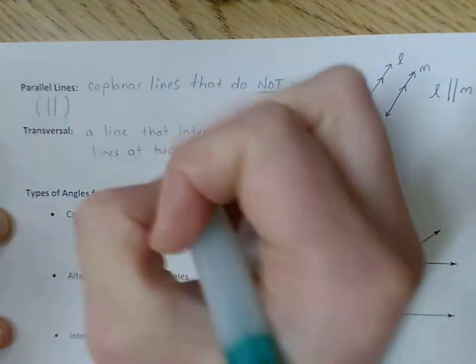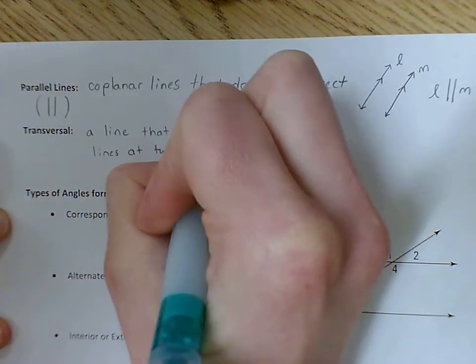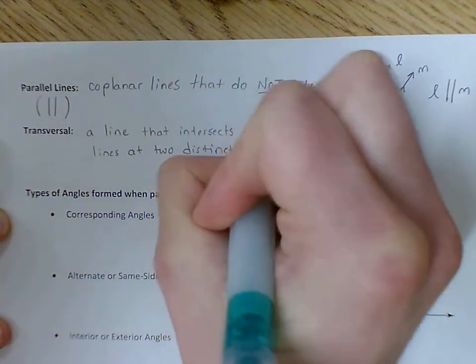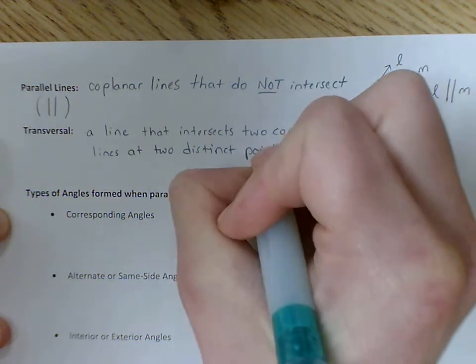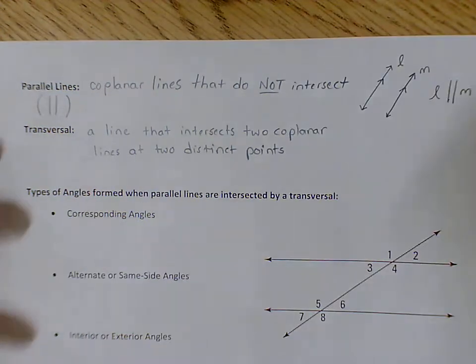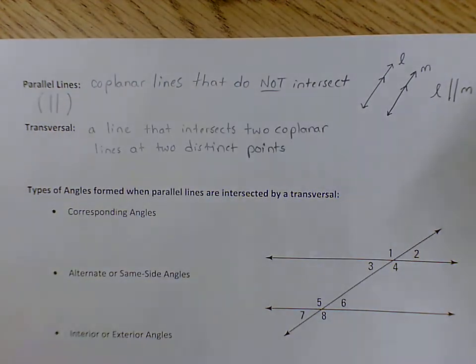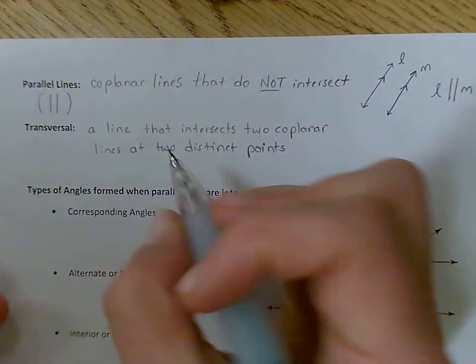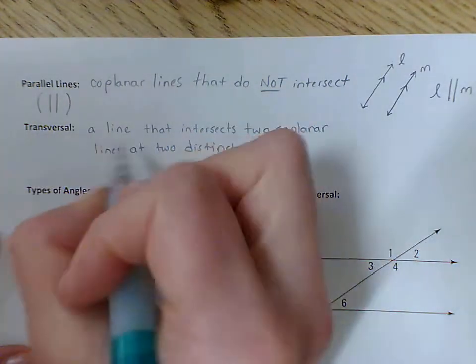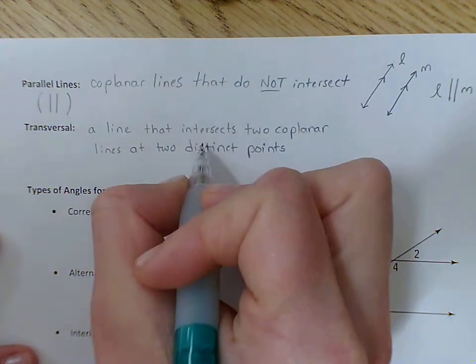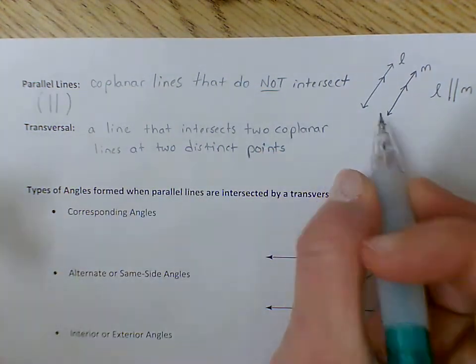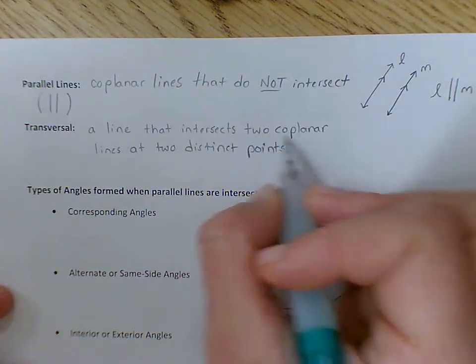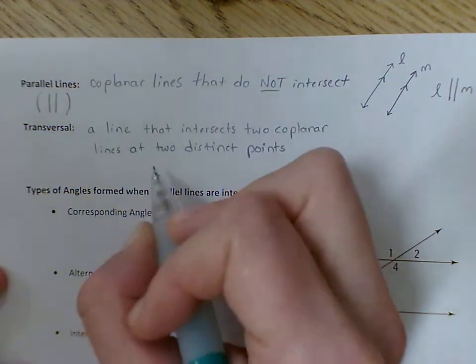Two distinct points. Now that's a very fancy way of describing this, but it's always good practice to use some of our formal terminology. So a transversal is a line that's going to intersect, meaning cross, two other lines that are maybe drawn on a piece of paper. We talked about what it means to be coplanar.